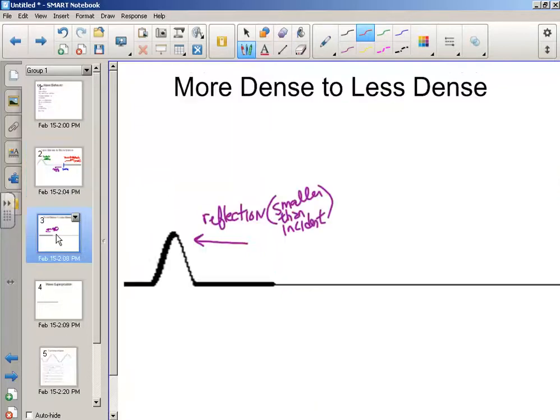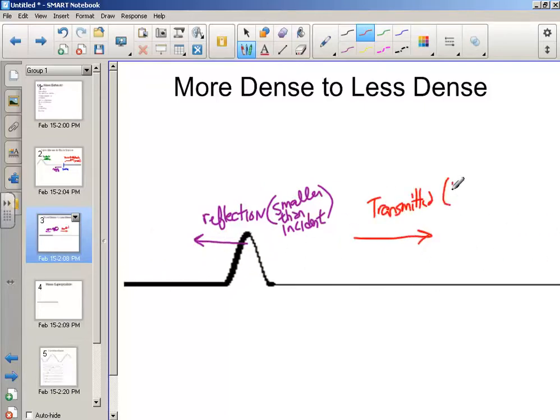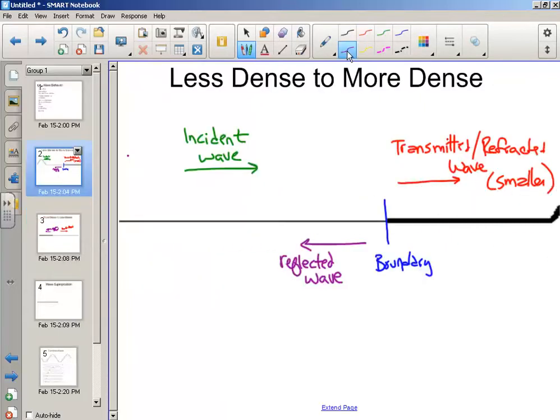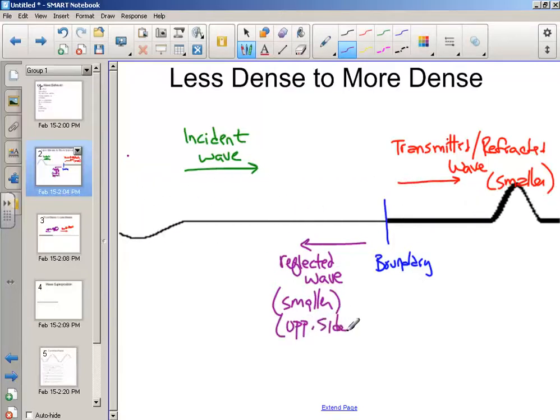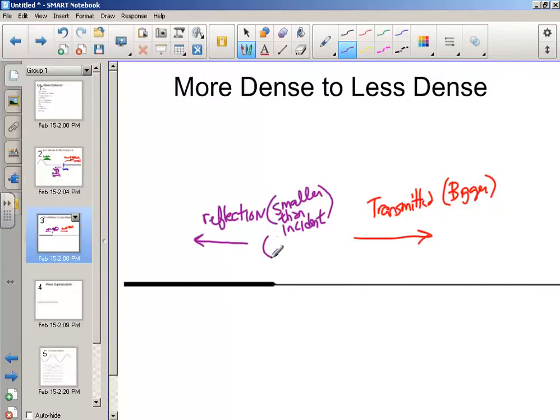If we go into a less dense medium, you'll notice that the transmitted wave is bigger. So it's smaller on the opposite side. This one's smaller and on the same side.